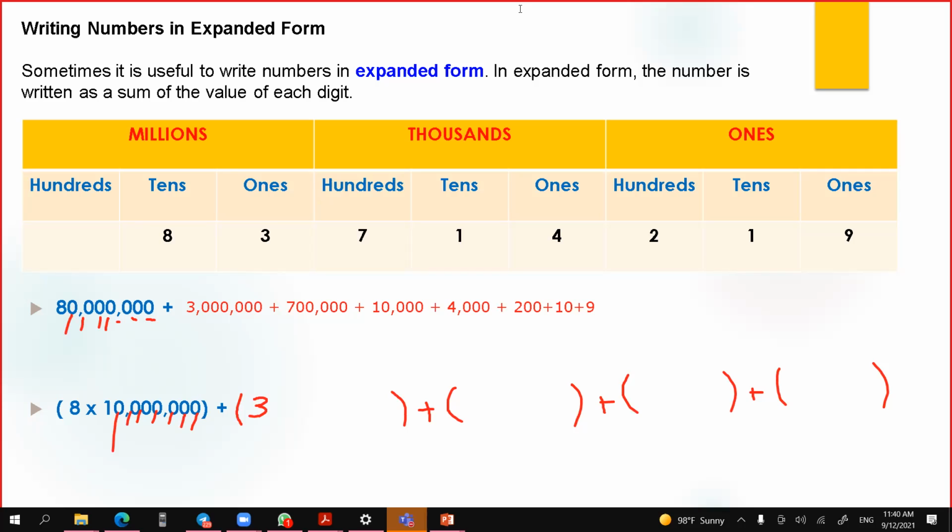Then 3 times, write number 1. And how many zeros do we have for the number 3? 6 zeros. Is it right? Yes. So you have to write 6 zeros.